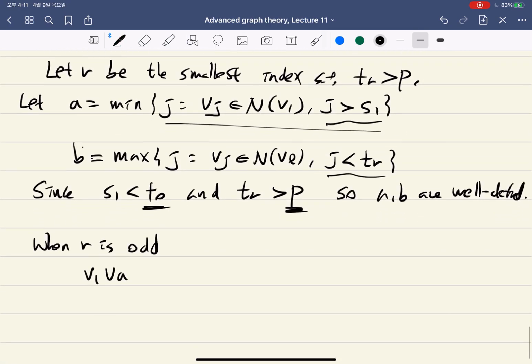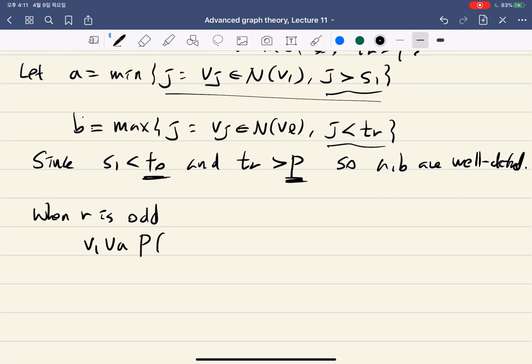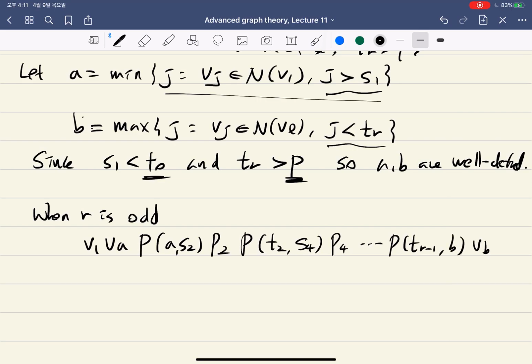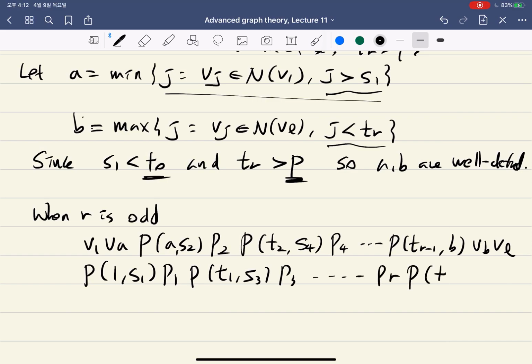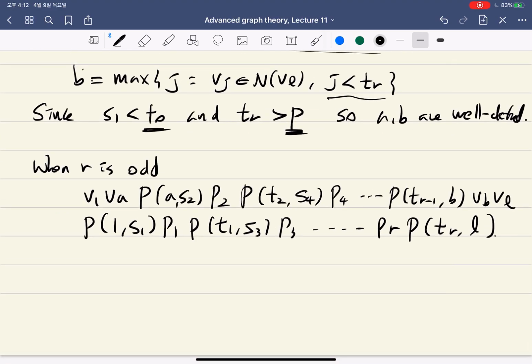And for the odd one, let's write A, S2, P2, P, T2, S4, P4, up until TR minus 1, P, and add HP, VB and VL. And another path from 1 to S1, P1, T1 to S3, P3, up until PR, P, T sub R, L.